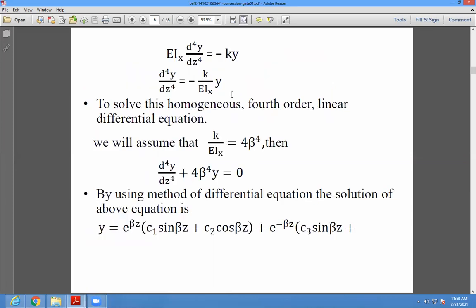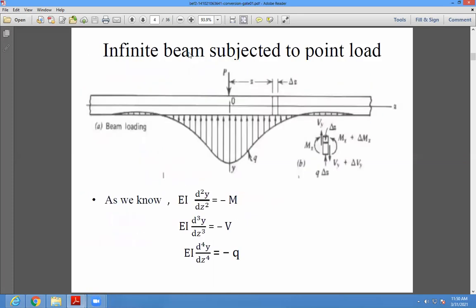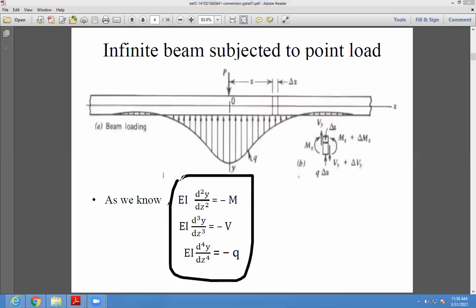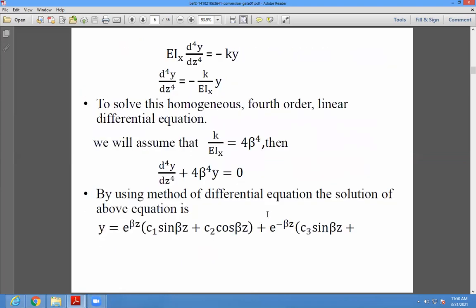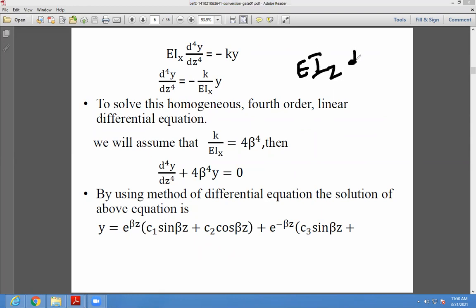So now you know these equations, we have to use these equations. Putting the value of q in this equation, EIX d4y by dz4, you may call it IX or IZ, d4 delta by dx raised to fourth is equal to minus k into delta.